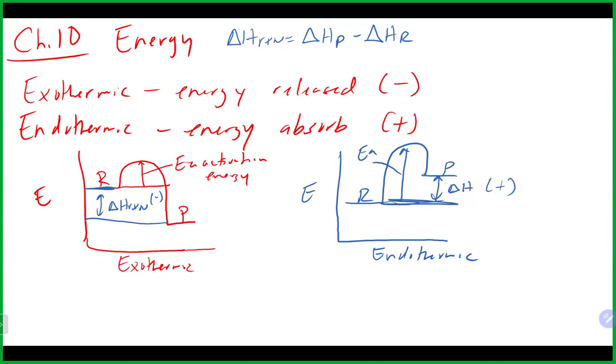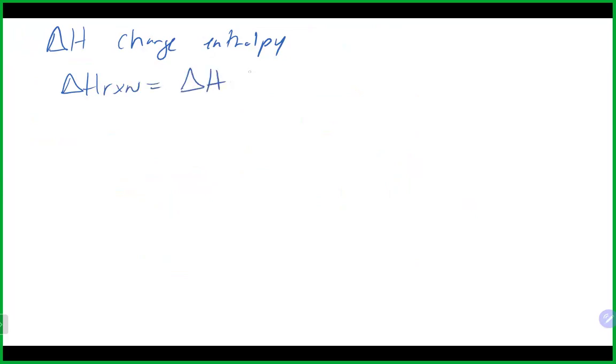Now, let's see. We did talk about enthalpy, which is our change in delta H. So again, delta H is our change in enthalpy. Remember, it's a state function, which means you could calculate the delta H of the reaction by going to the table, taking all your delta H of your products, and subtract your delta H of your reactants.